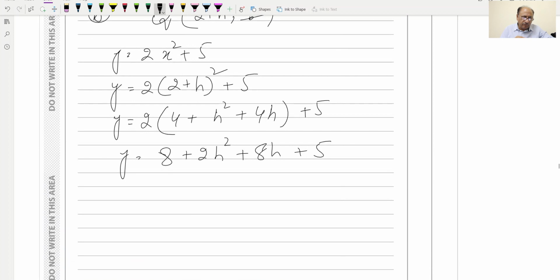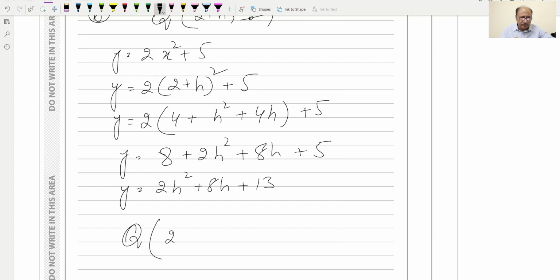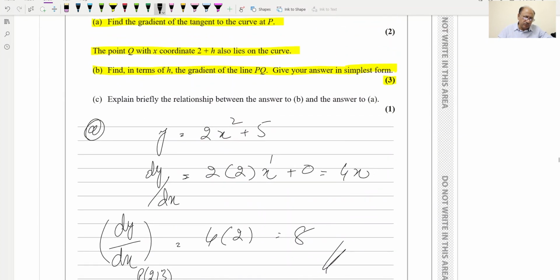And finally, if we simplify and rearrange, this will be 2h squared plus 8h plus 13, and this will be the y value. Our point will be: x coordinate is 2 plus h and y coordinate is 2h squared plus 8h plus 13. This will be the final answer, and that part was 3 marks which we have done.